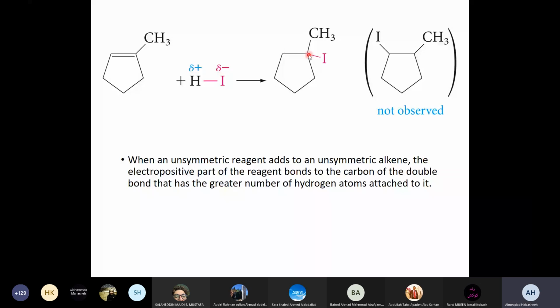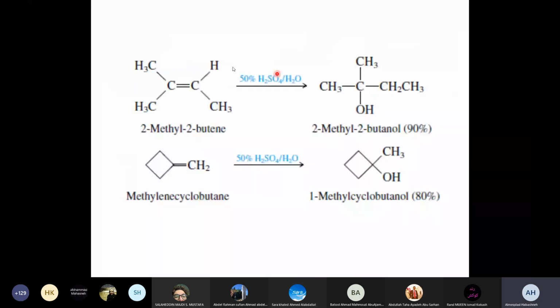Following Markovnikov's rule, I have this alkene with H2O plus H2SO4.